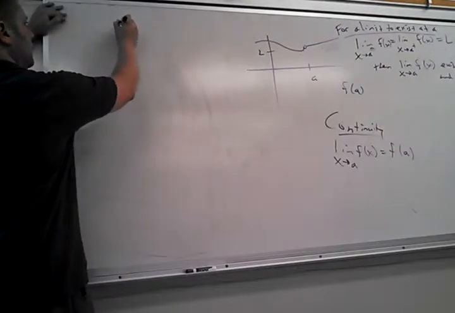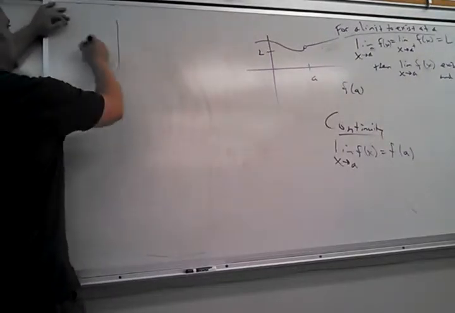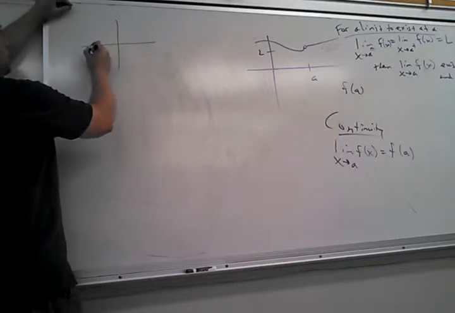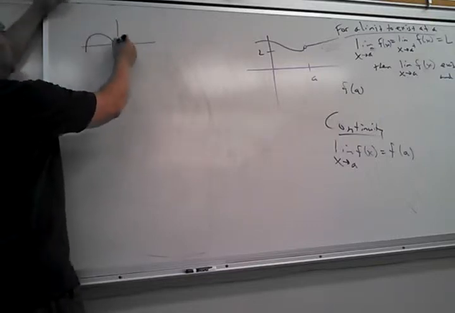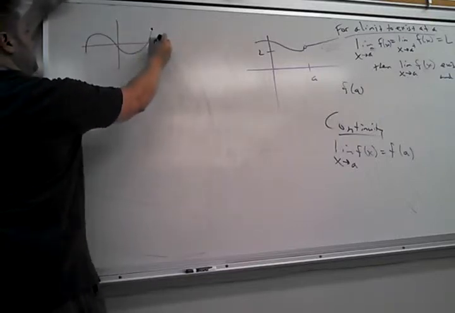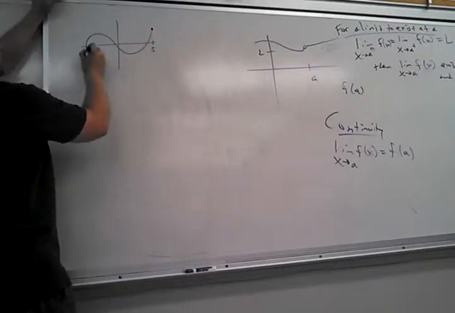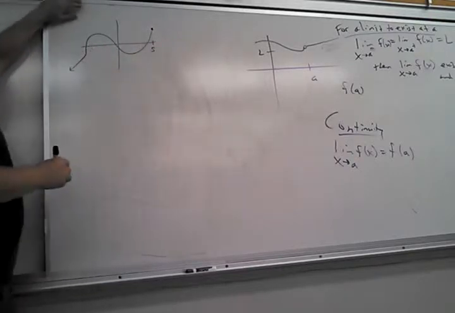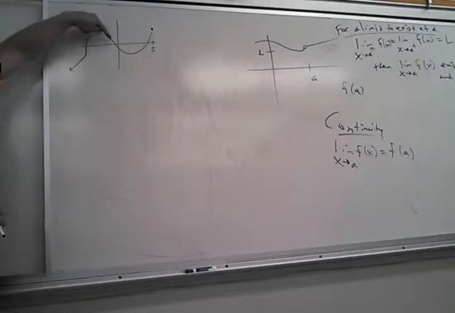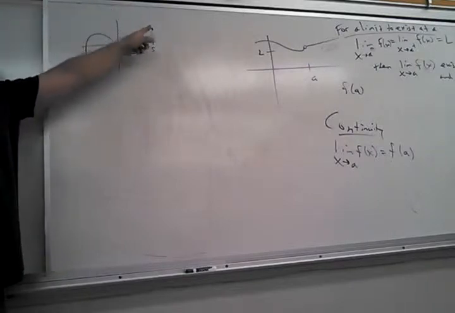What's kind of not fair about talking about continuity of a function if it's only defined up to a point like that, and this side just keeps going? It's continuous everywhere, isn't it? But what about at the end point?